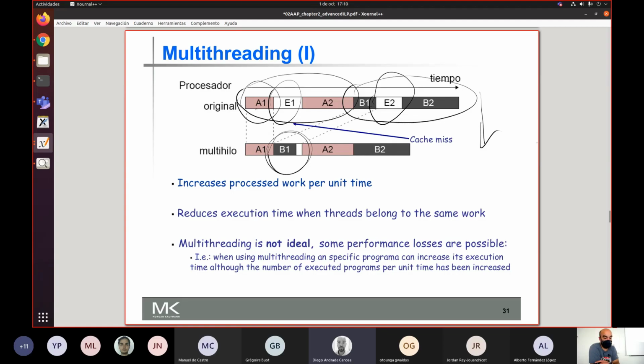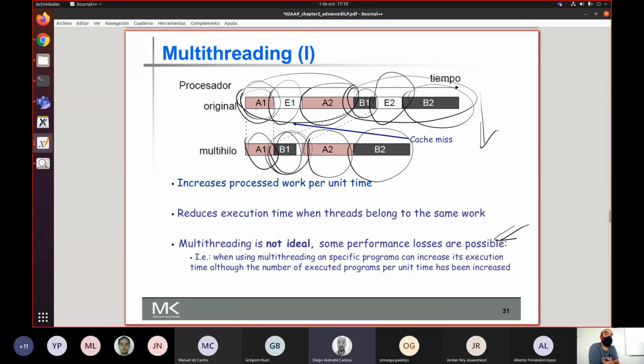Something to take into account is that if we measure the execution time of A1 and A2, and B1 and B2, and compare it with the linear version, the execution of one of these tasks takes more time, because when you use threads, you usually have some context switching and you have to pay for it.